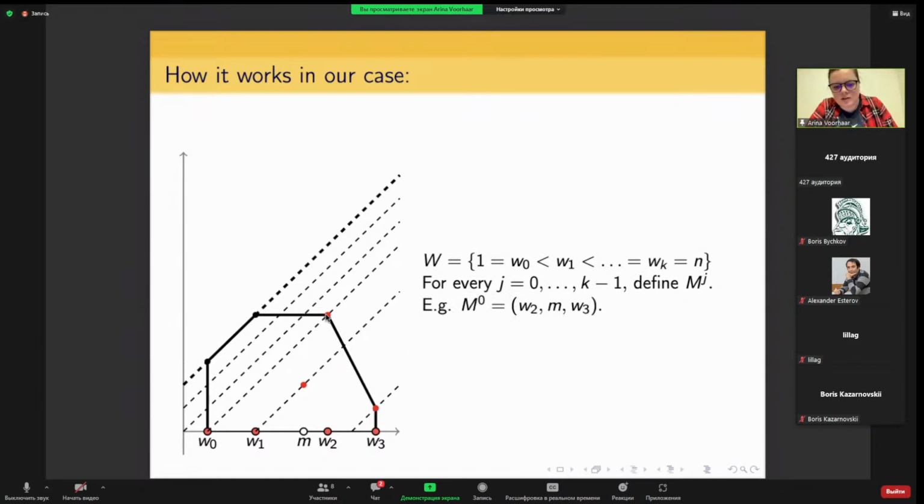I first encounter this point, W2, then this point M, and then this point, W3. And then I do the same for all those top intervals of the tent. And that's basically the two pieces of combinatorial information that I will need to recover the support function of the Newton polytope of the Morse discriminant.